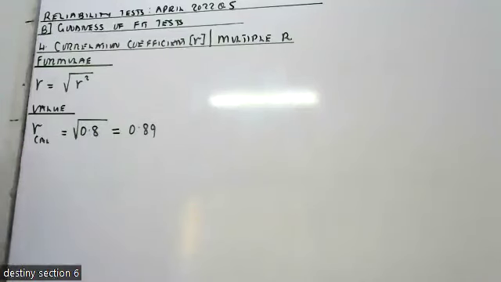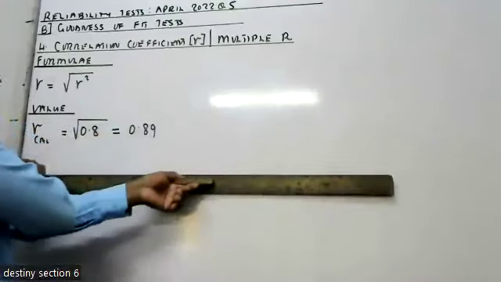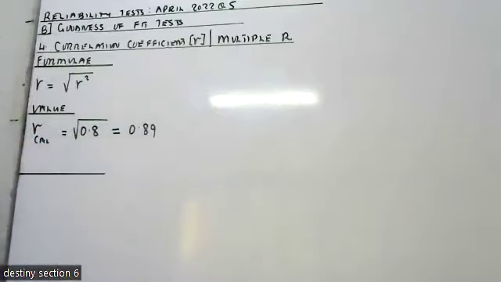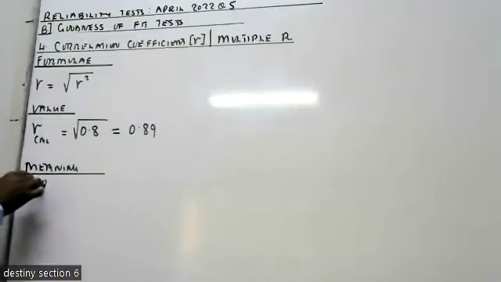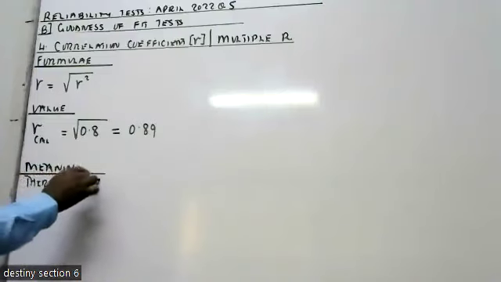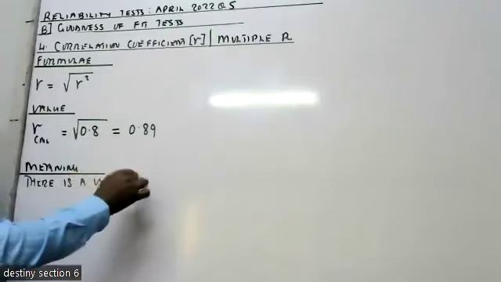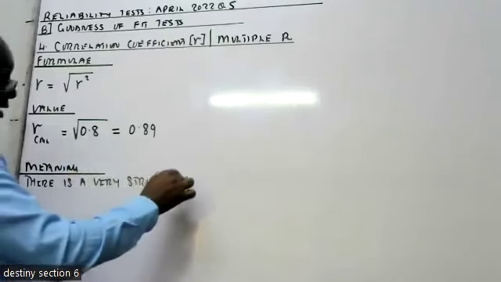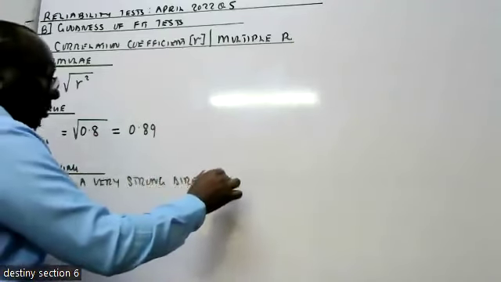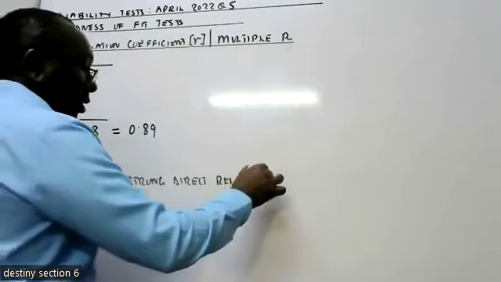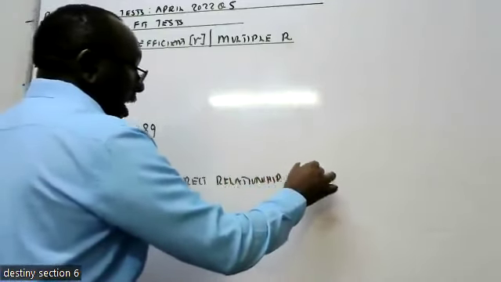So if that is what you are getting, the meaning of this value is that there is a very strong direct relationship. You can quote this positive 0.89.